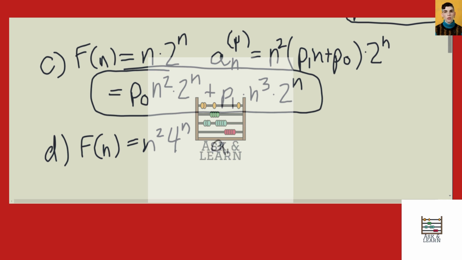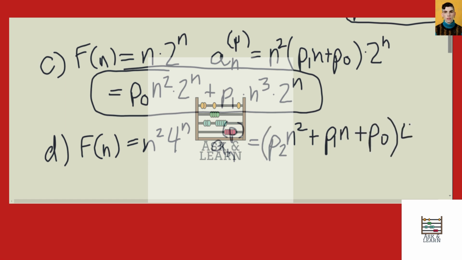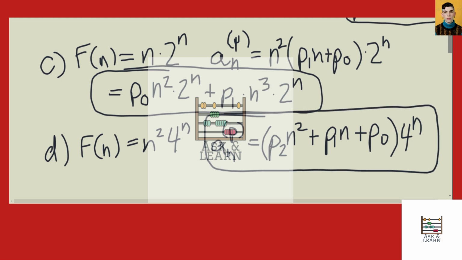So the general form for a particular solution is (p2 n^2 + p1 n + p0) times 4^n, and you can expand this if you want to.